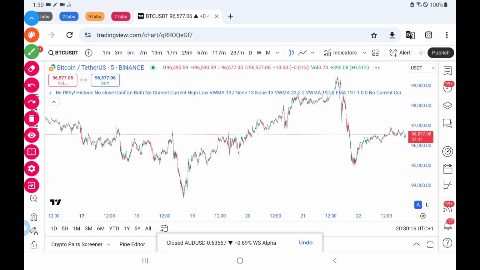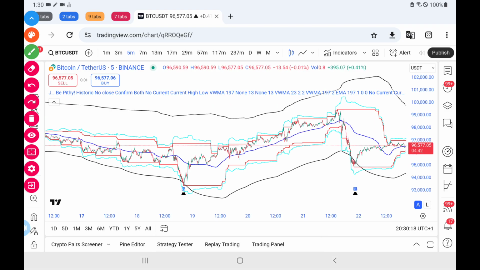Trading in channels is one of the most common approaches there is. Whether you're doing it algorithmically or manually, channels are an incredible resource.